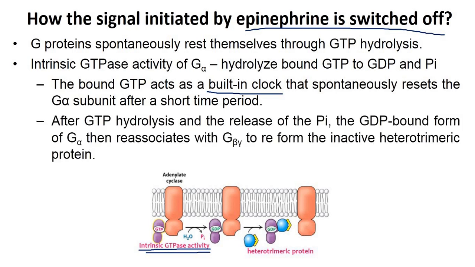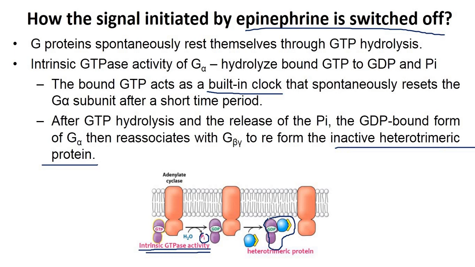After GTP hydrolysis and the release of phosphate, the GDP-bound form of G alpha reassociates with G beta gamma to form the inactive heterotrimeric protein. It means whatever it was earlier, before epinephrine bound, it was in the GDP-bound form, and because of GTPase activity, again it will return to the GDP-bound form.